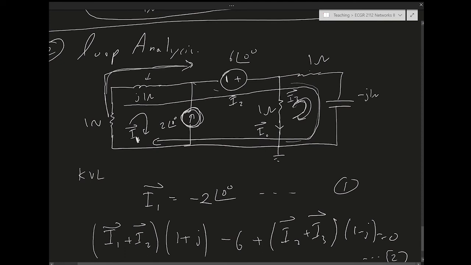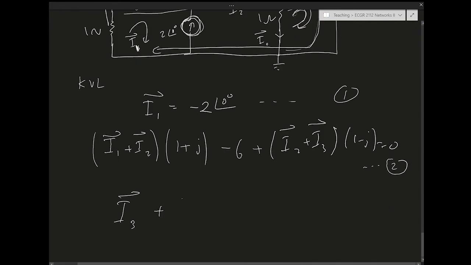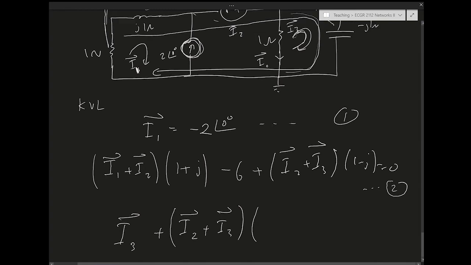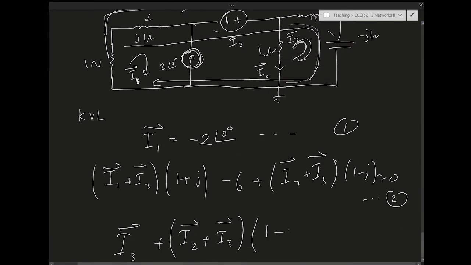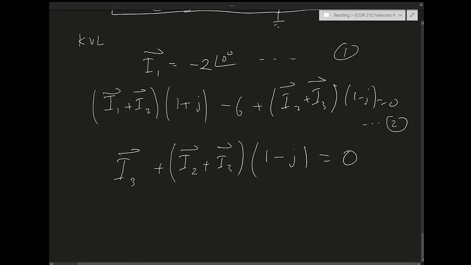But then I have the other 1 ohm resistor and the capacitor, with I3 plus I2 going through it. So that's plus I2 plus I3 times the impedance, which is 1 minus J, equals 0.